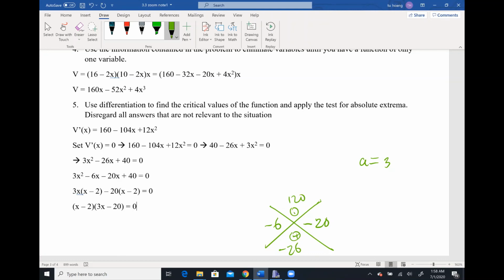So you apply the zero factor method, and you get x minus 2 equals 0, or 3x minus 20 equals 0. So you will have x equal to 2, or x equal to 20 divided by 3.